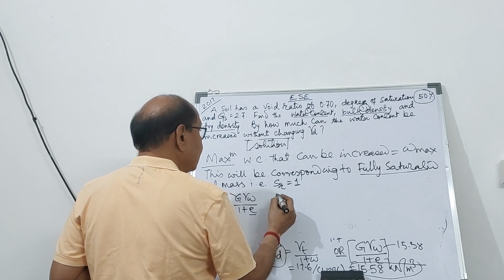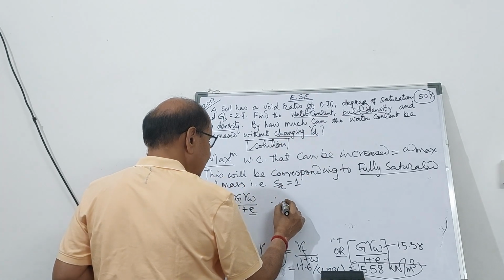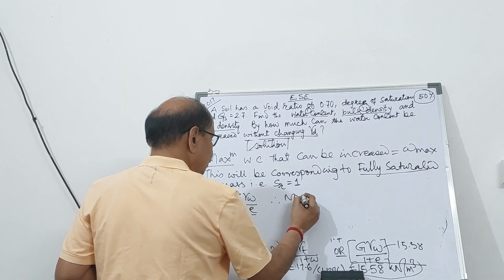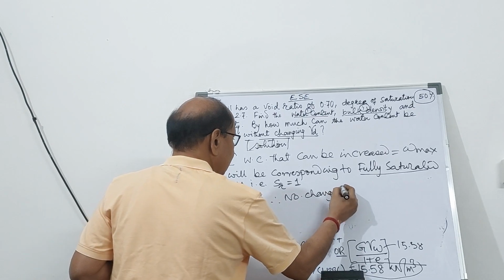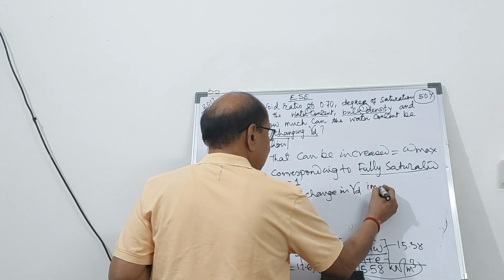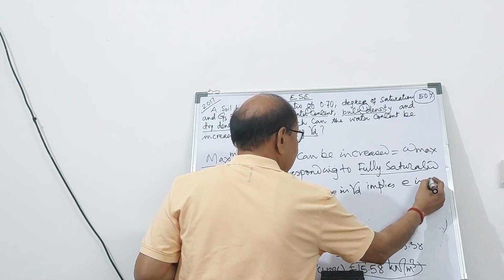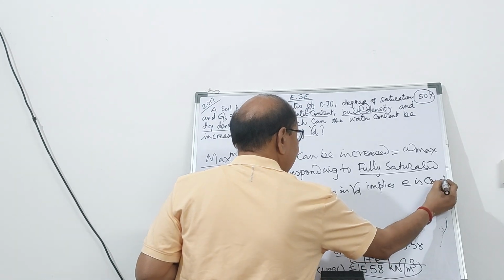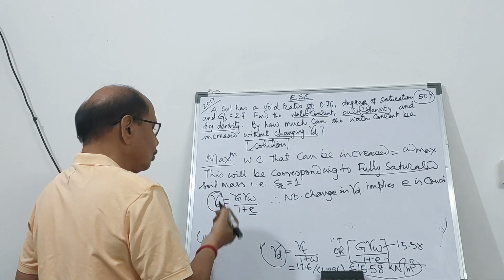Therefore, no change in gamma D implies E is constant. No change in the value of E, the void ratio remains.